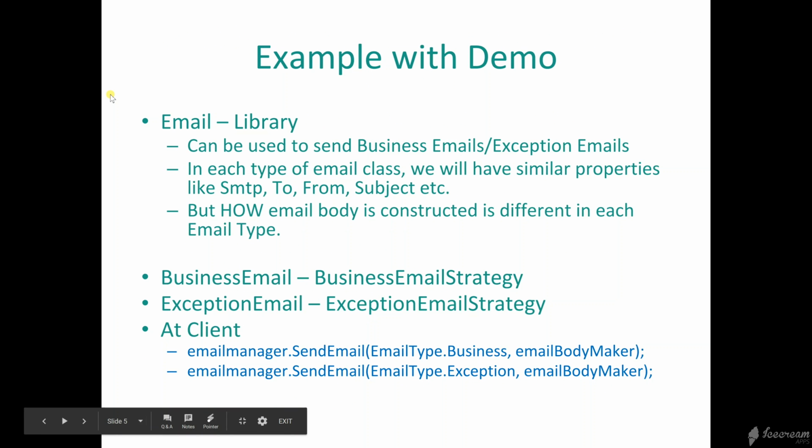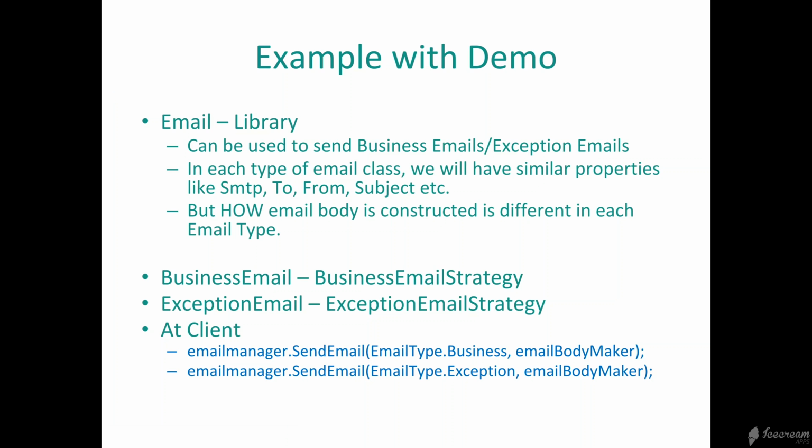In this slide, I want to demonstrate one very good real-life example using a strategy pattern. I want to create an email business library that will be used to send email notifications for business, for exceptions, or for any other purpose. I have used this library in many of my projects and applications.